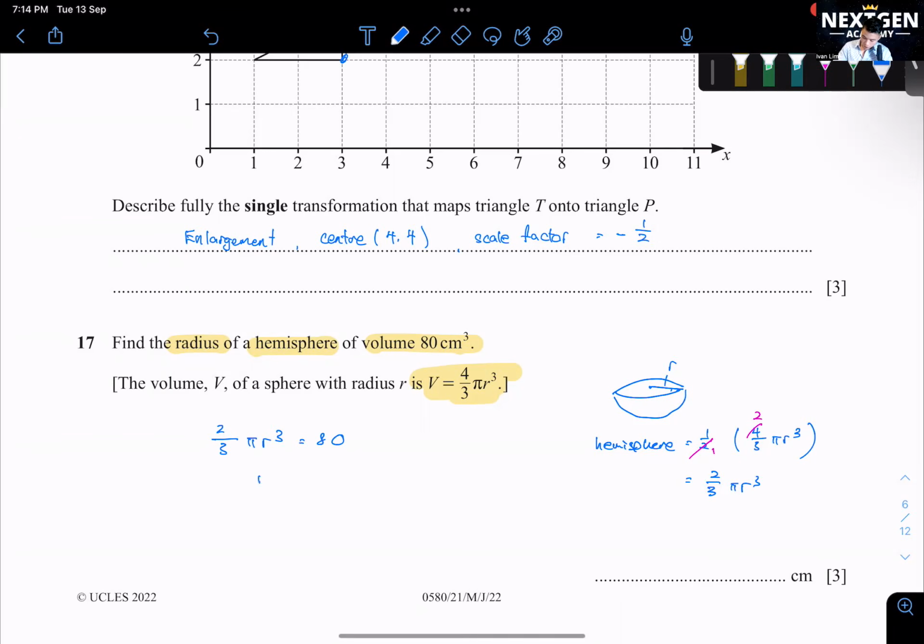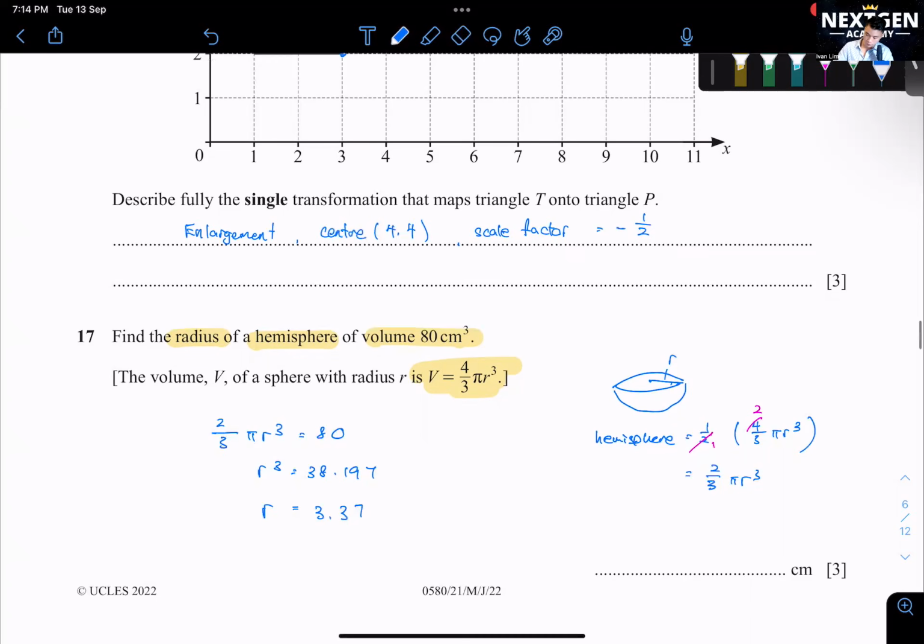Then you get r cube equals 38.197. Then you cube root the answer. R will be equal to 3.37. Just write it to 3 significant figures. 3.37.